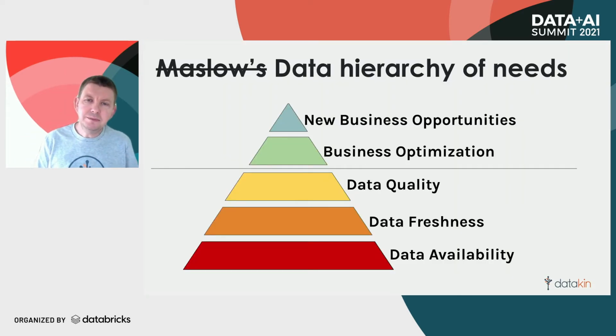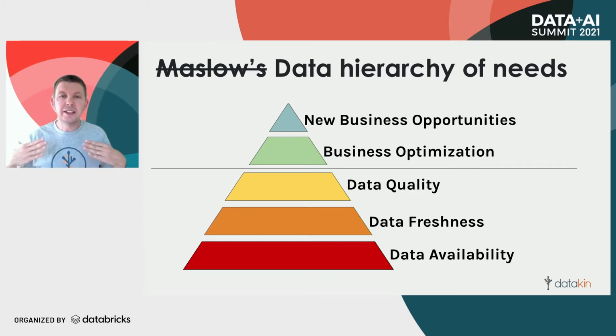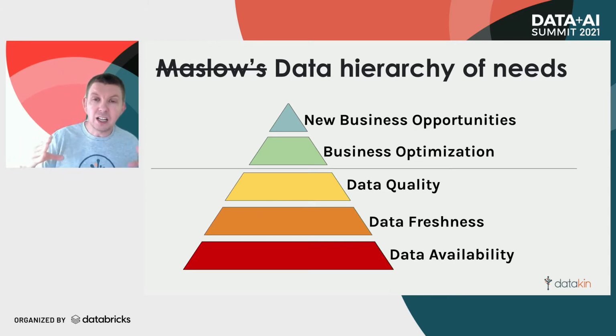And this part of getting value out of the data, we talk about a lot of the work of data scientists or data engineers is cleaning up data, fixing things, making sure things work. And that takes a lot of work.